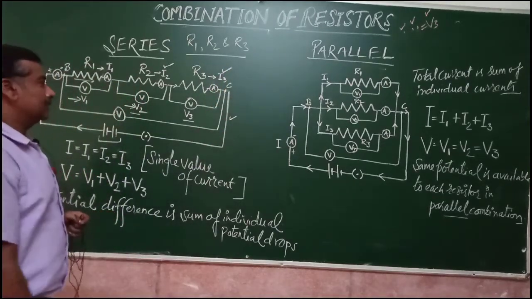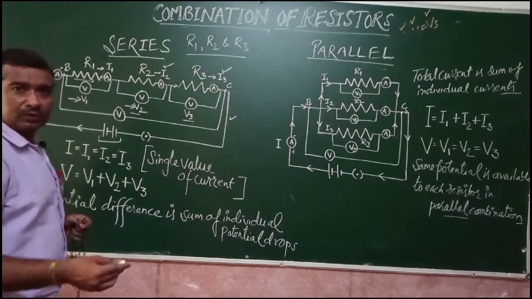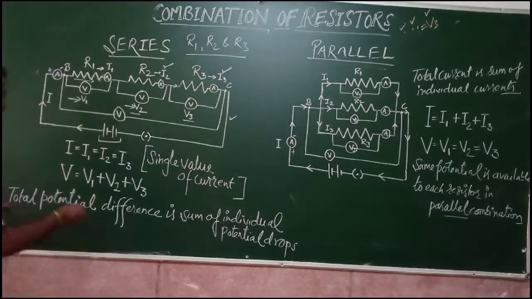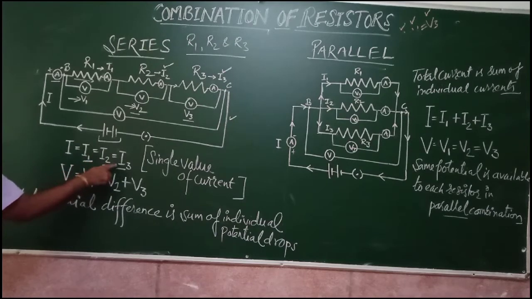Okay, so let us see what is the conclusion, what is the result. When we see the total current which is measured by this ammeter, and the values of I1, I2 and I3, we find that I1 is equal to I2 is equal to I3, and these three values are equal to the total current flowing through this circuit.